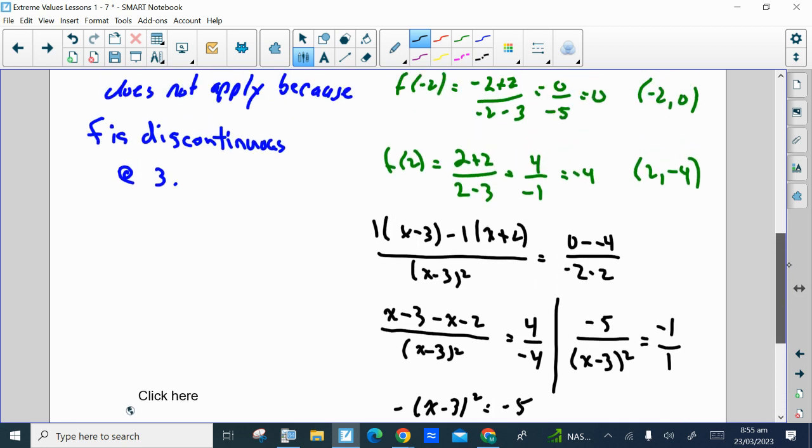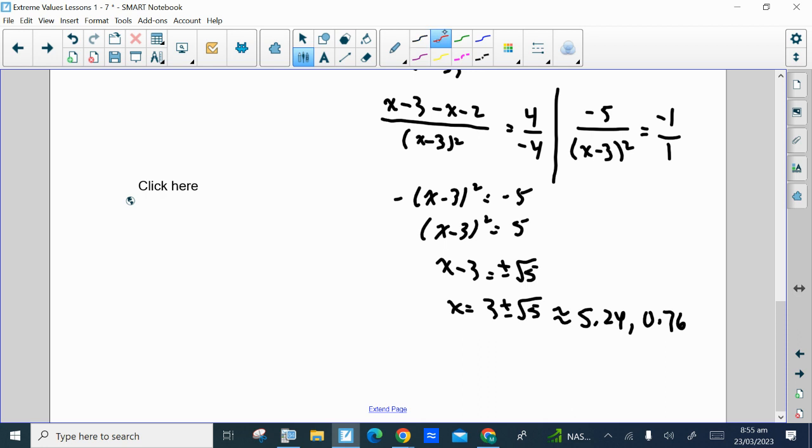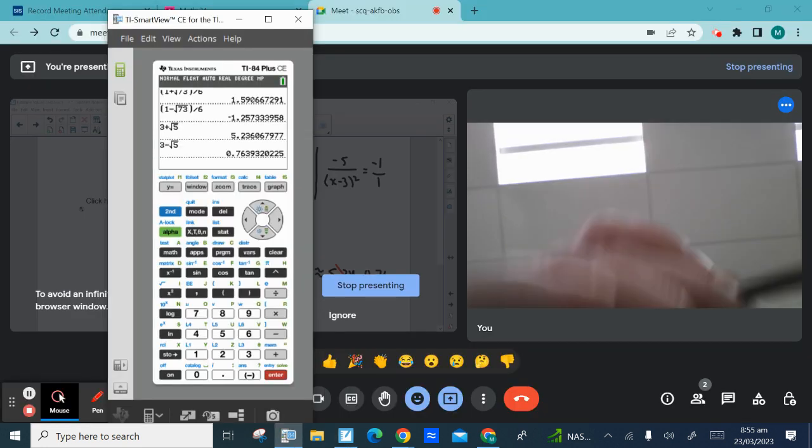And if we look at our domain, it's between negative 2 and positive 2. The 5.24 is outside that domain, so that one doesn't work.